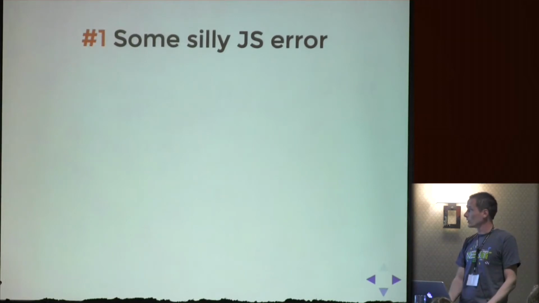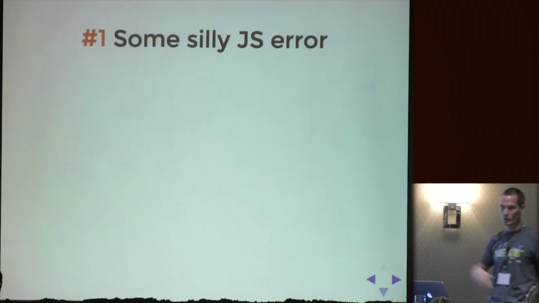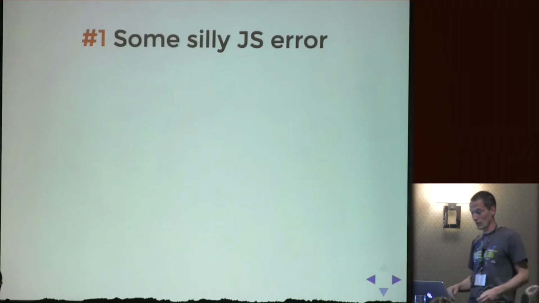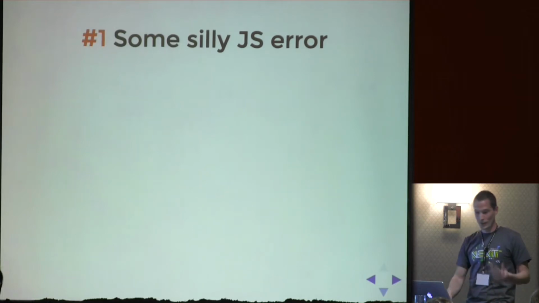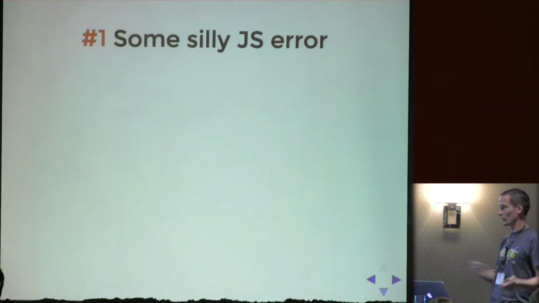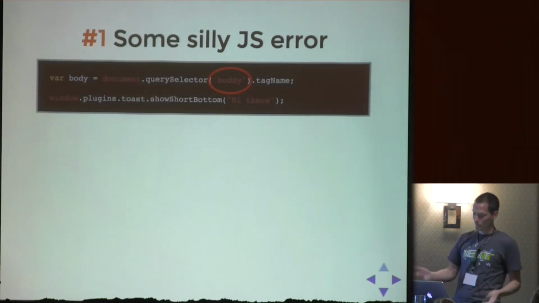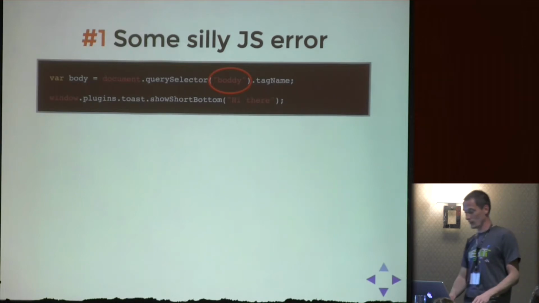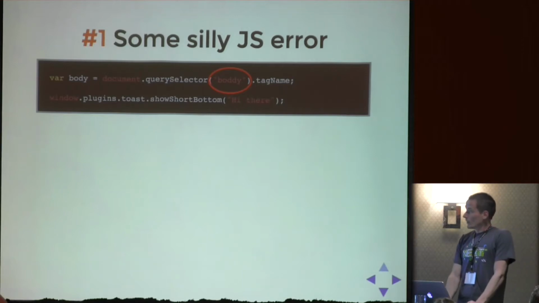And number 1, some silly JavaScript error. And this happens all the time. I get loads of reports, and usually people say there's an issue in your plugin, and there sometimes is. Absolutely, I don't make perfect code. But in the end, I ask them for their project, because we can't work it out by mailing around. So when I look at the project, there usually is some silly thing like, well, I understand that you want to find a body with double D, but it will lead to an error.